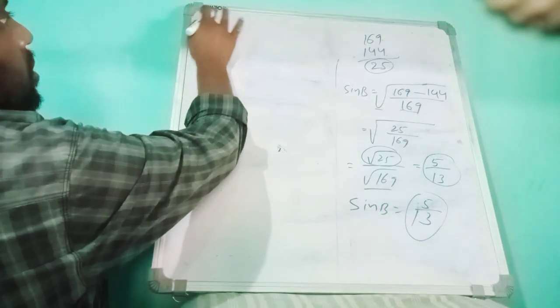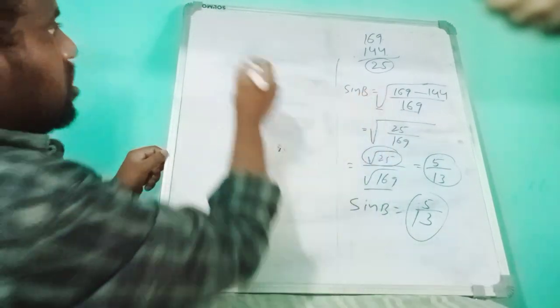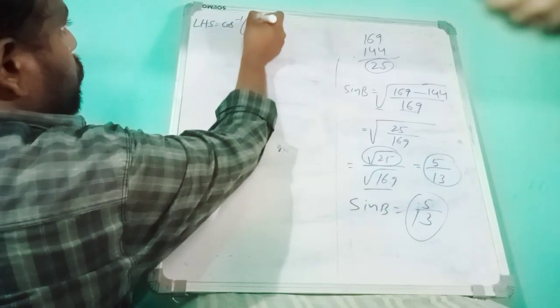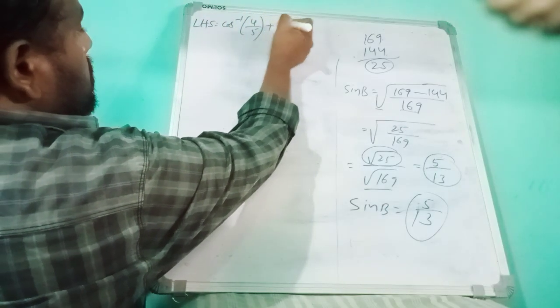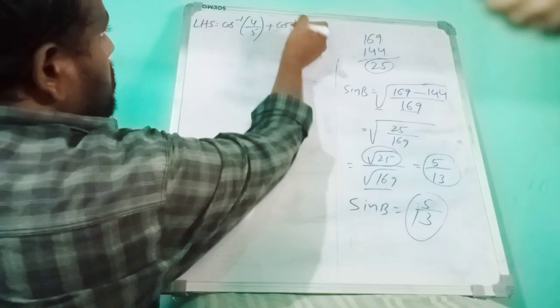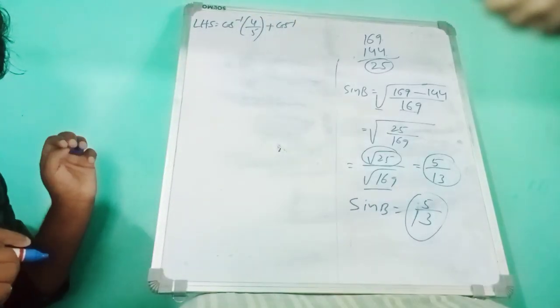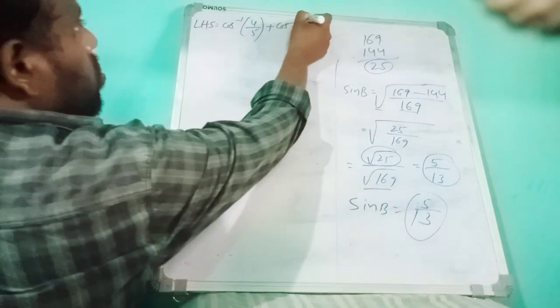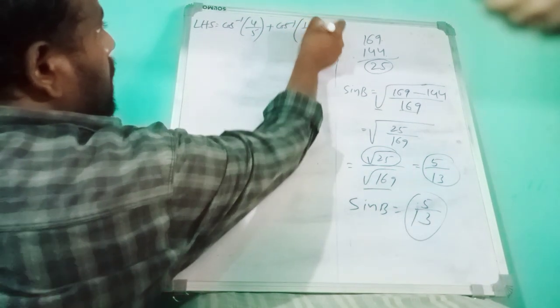So in the back side of the board we have seen LHS is equal to cos inverse of 4 by 5 plus cos inverse of 12 by 13, right?